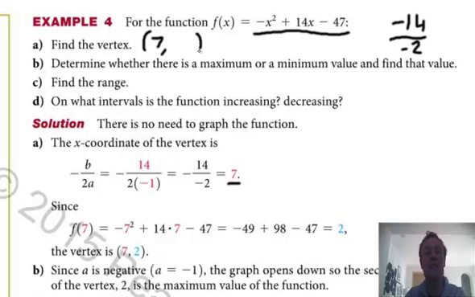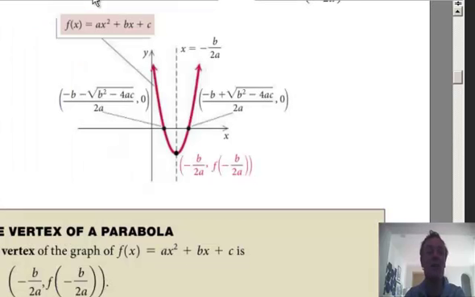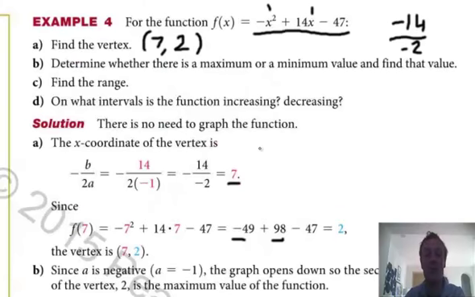I won't know what the y is until I put that 7 back into the equation where x is. So 7 squared is 49, with a negative in front, negative 49. 14 times 7 is 98. Take away 47 at the end, you get 2. So that is the vertex. I found the x-coordinate by doing negative b over 2a. Then once I found it, I put it back into the equation to find the y-coordinate.